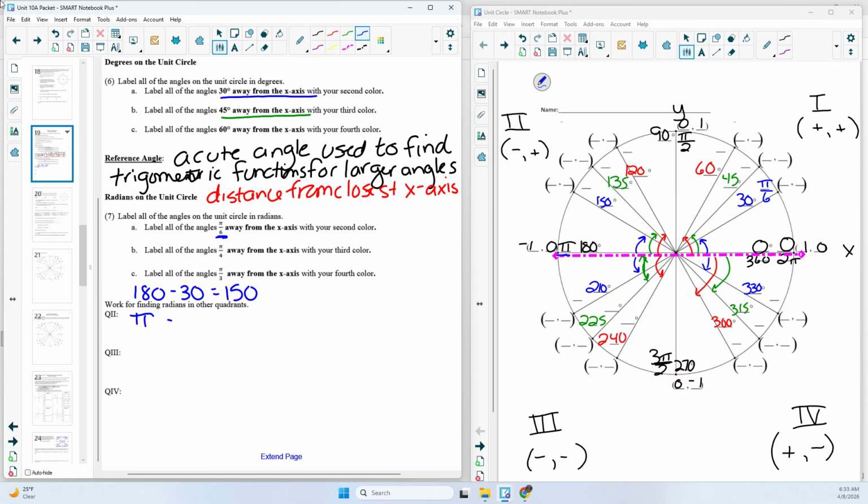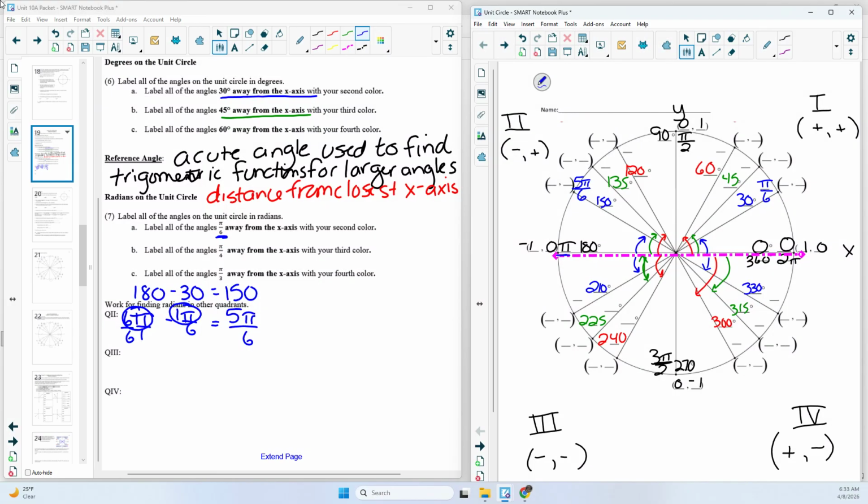We can do pi minus pi over 6 to get the answer for that angle in radians. So I need an LCD, so this is going to be a 6 for my common denominator, and this is 1 pi over 6. So 6 pi over 6 minus 1 pi over 6 is 5 pi over 6. So this angle measure is 5 pi over 6.